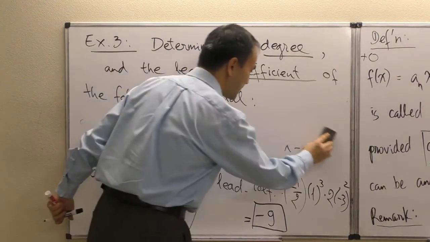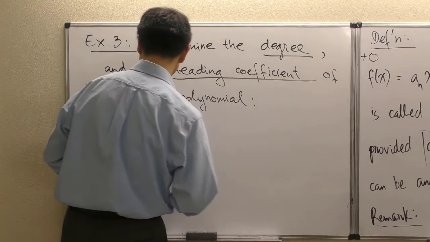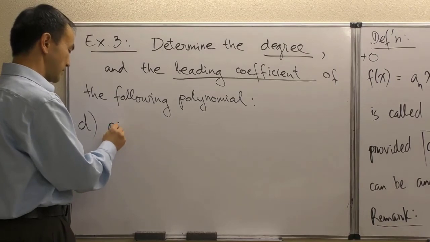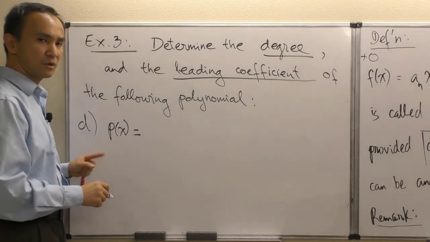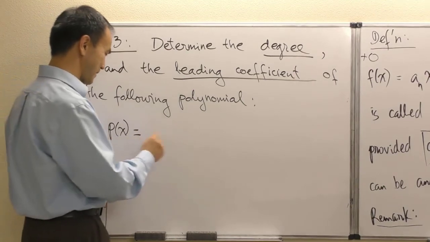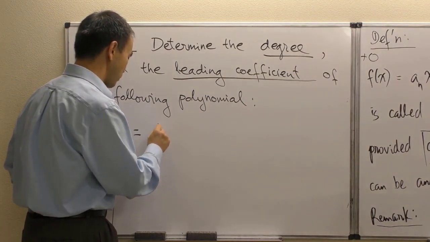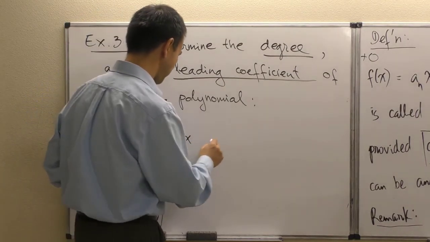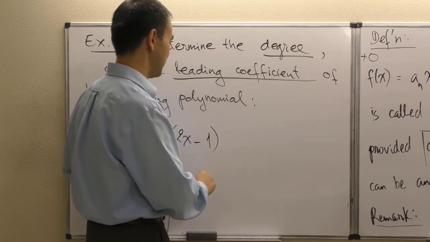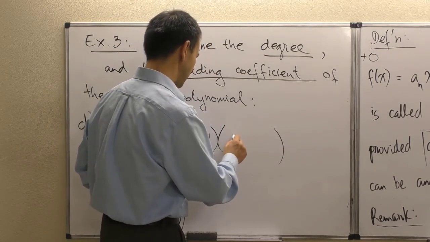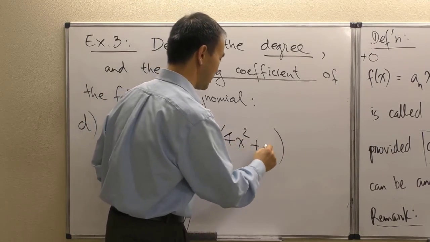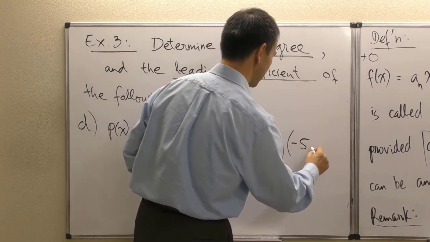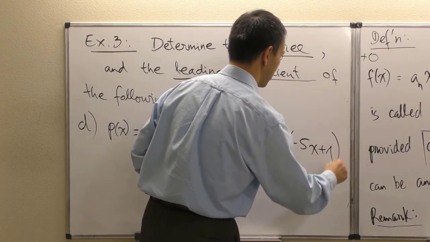And now I can generate another one. So in part D right here, let's look at how about a p of x, a perfect name for a polynomial. That's what p is for. So how about 1 over 16 times 2x minus 1, and then times 4x squared plus 1, and then multiply with negative 5x plus 1, all squared.